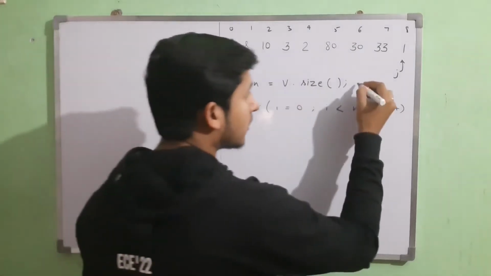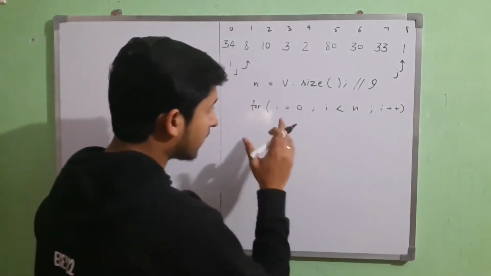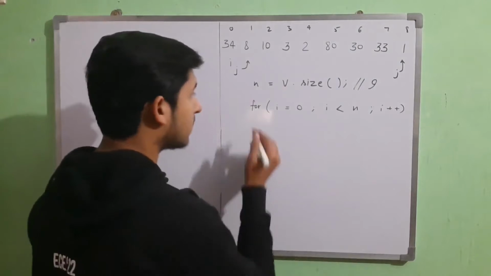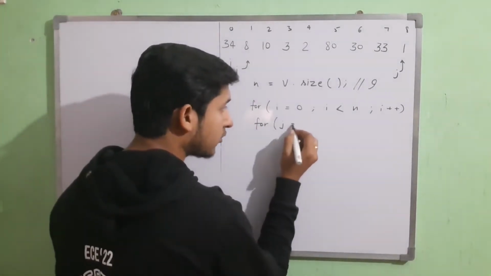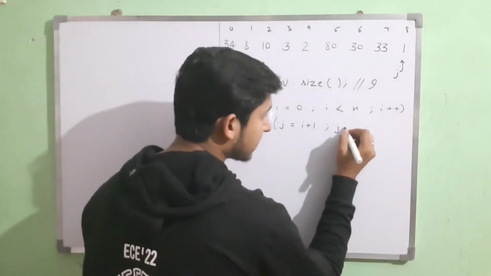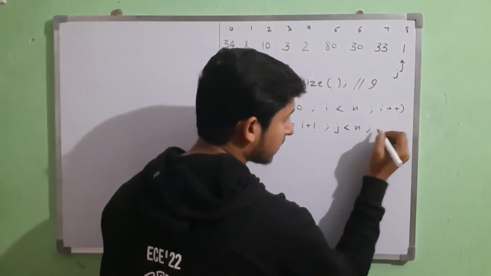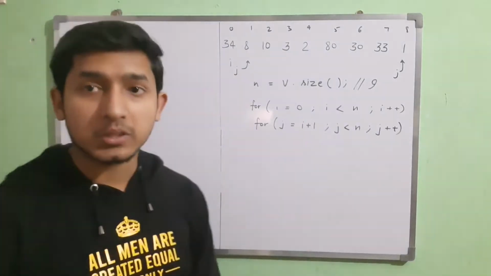So n will store 9 and it will move from 0 to 8. Now for all this, for j equals i plus 1, j less than n, j plus plus, I will get all possible pairs.